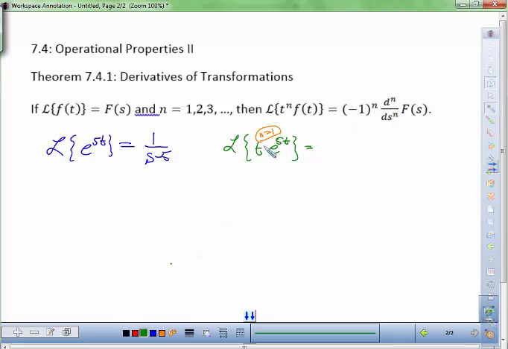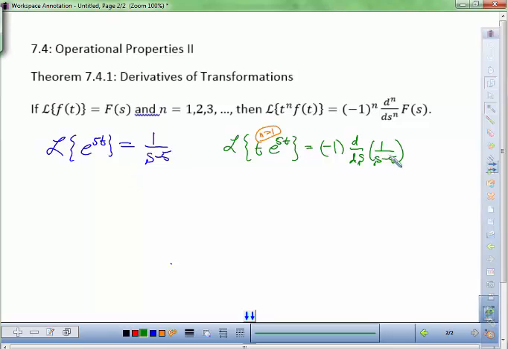The transformation becomes, this is like n is equal to 1, that's the power of t. So this is negative 1 to the first power, and then the first derivative, d/ds, of this transformation, 1 over s minus 5. You could also put this into the integral formula for the transformation and come up with something like this.